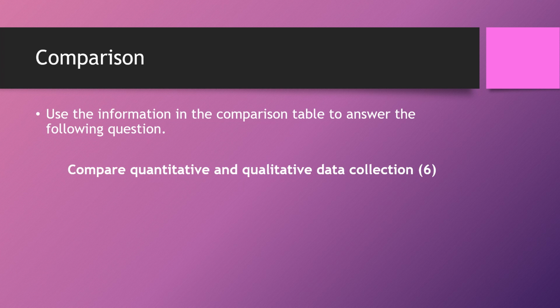But first of all, maybe think about a similarity between quantitative and qualitative data collection. You want to be thinking about structuring the questions in advance. So whether it's open or closed questions, you still have to design it beforehand. So think about a similarity and then work through perhaps giving the rest as differences. Remember to use your connectives and the key structures to show you're making a comparison.